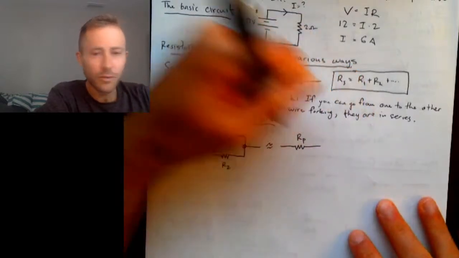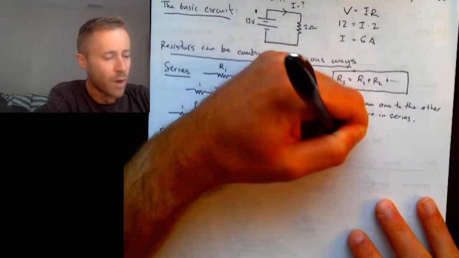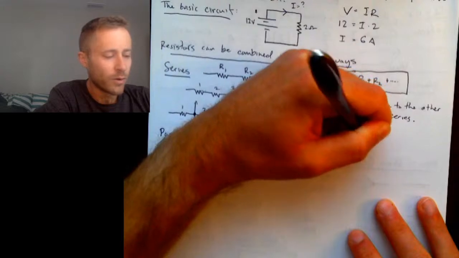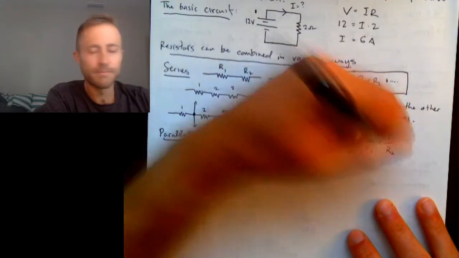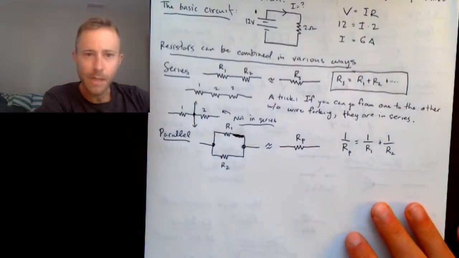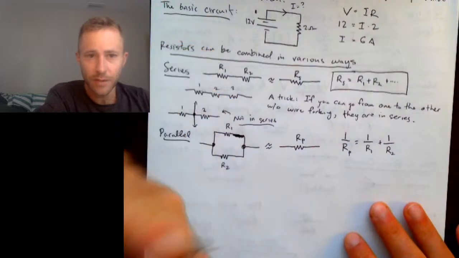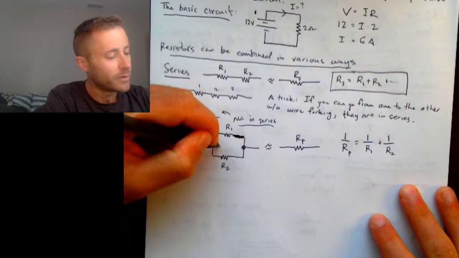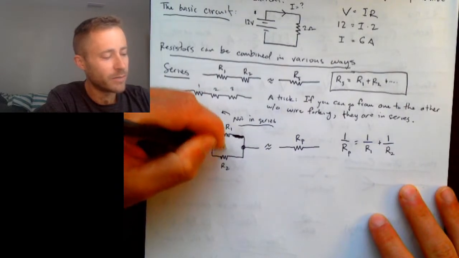And the value for R sub P is determined by this rule. 1 over R sub P is 1 over R1 plus 1 over R2. All right? And this rule generalizes. So if you had 3 resistors in parallel, the wire is branching into 3.